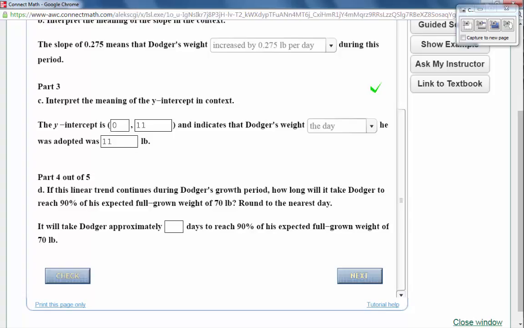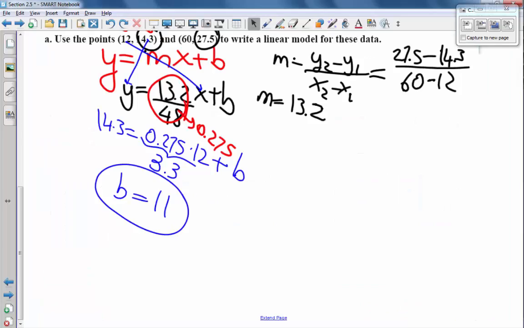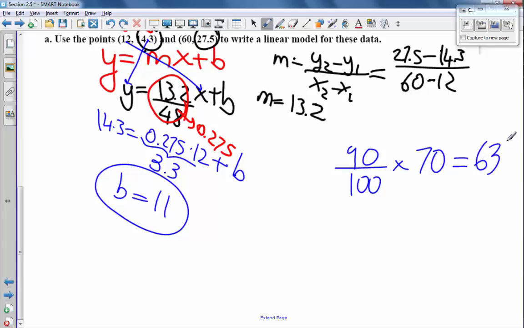What is 90% of 70? 90% means 90 over 100 of 70 pounds, right? Multiply these two, divide by 100, which is 63 pounds. So this puppy eventually will reach 63 pounds.